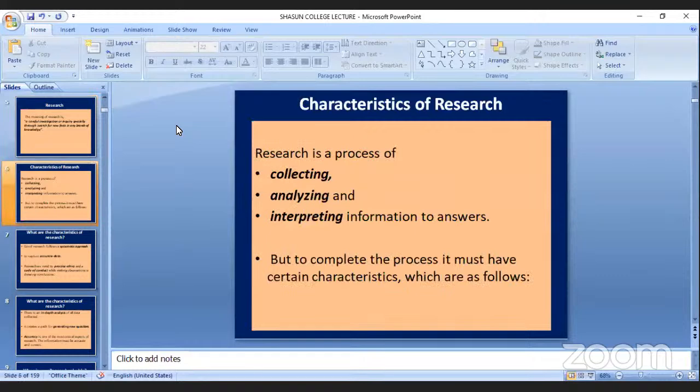Okay, so when you talk about characteristic features of research, research is nothing but a process of collecting, analyzing, and interpreting information. How you collect the data, how you analyze it, and how you interpret those data are very, very important in research.